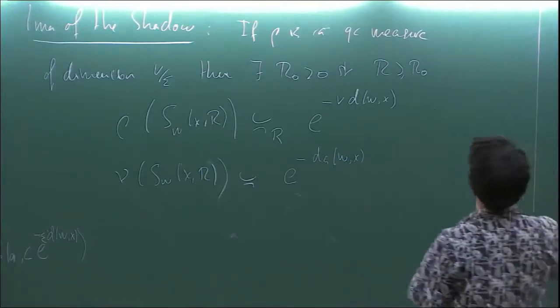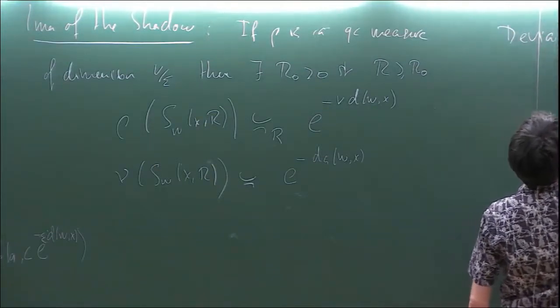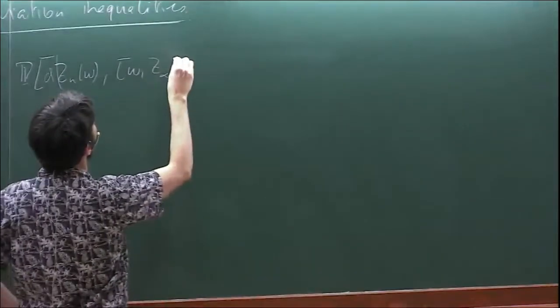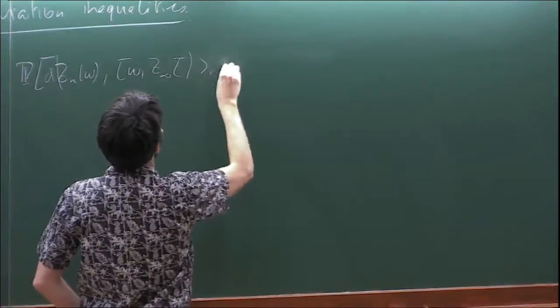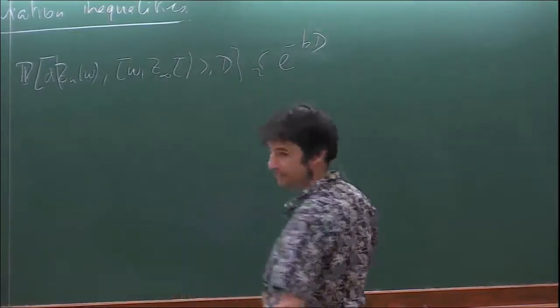And so what sort of consequences can we get? We get some deviation inequalities, which I will quote now. First, what you can show is that the probability that the distance from Zn of W to the ray W Z infinity is at least d will decay exponentially fast.